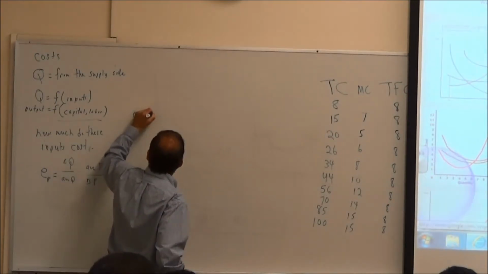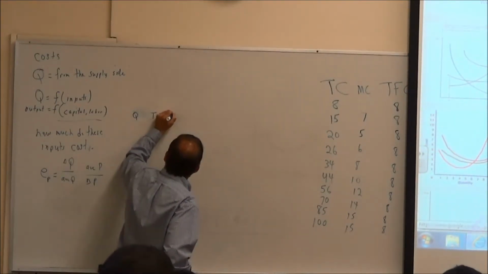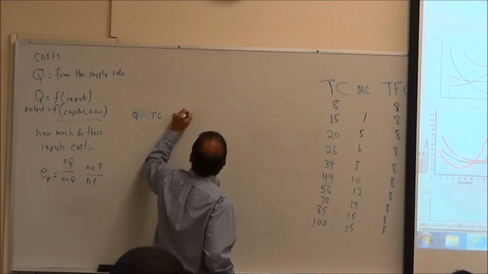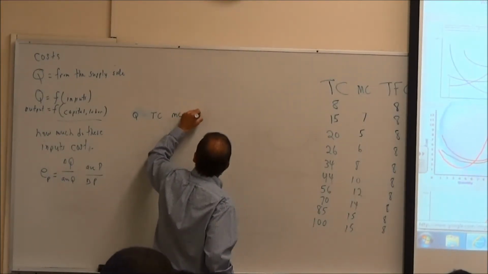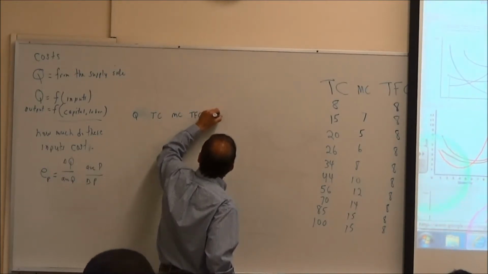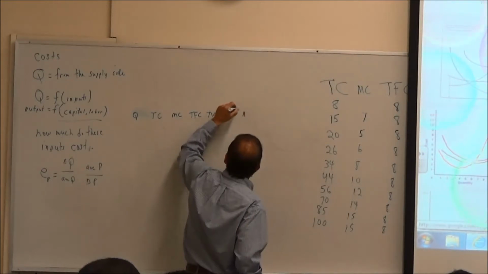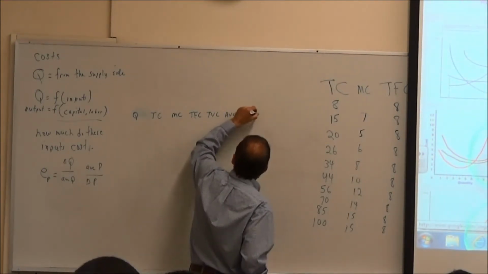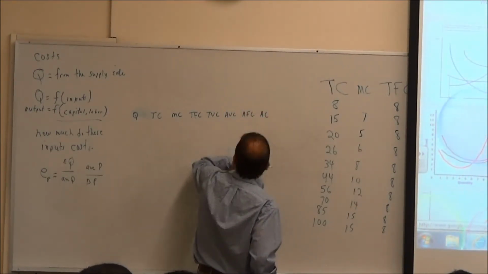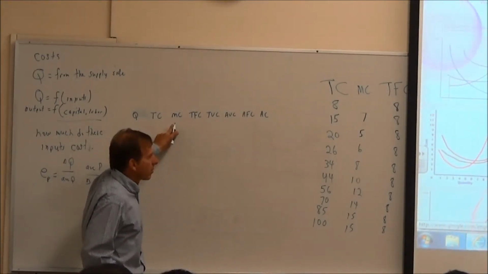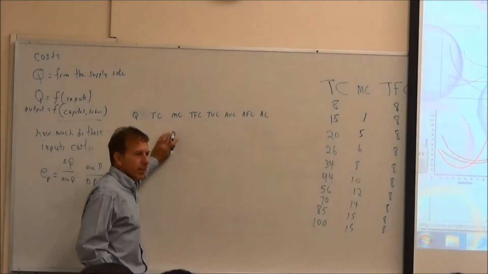Q, TC, MC, total cost, total variable, average fixed, average cost. I think that's about all of them, right? These are all the ones that we went over so far, right?